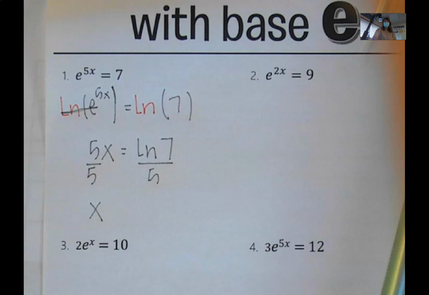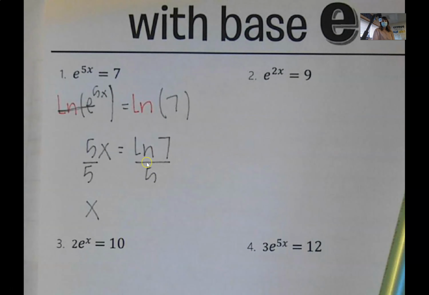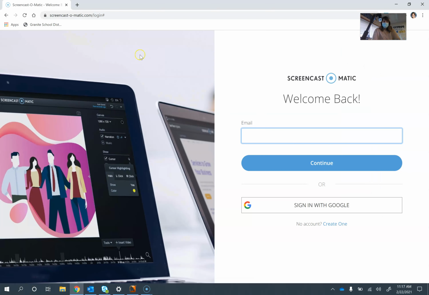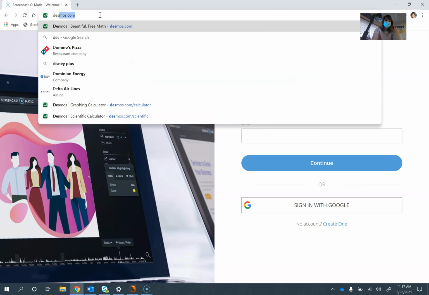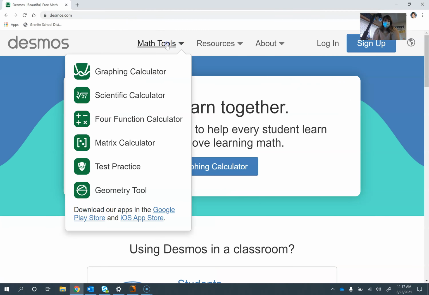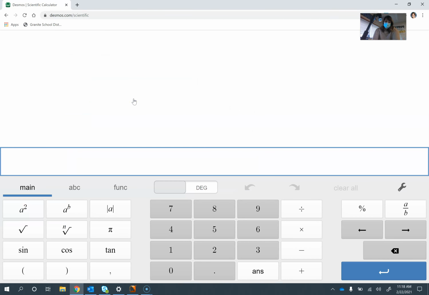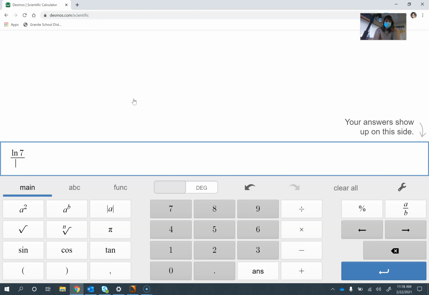So the quickest way to figure out what this ln of 7 over 5 is, is to go into Desmos and use that as your calculator. So remember, we choose the scientific calculator. You can type in ln 7 / 5.